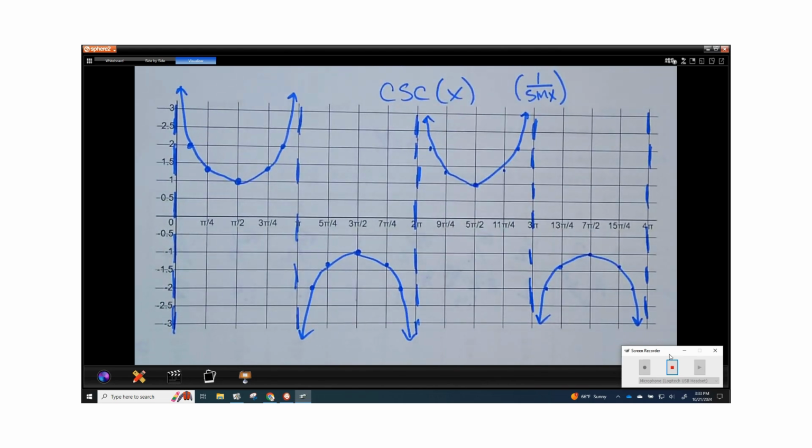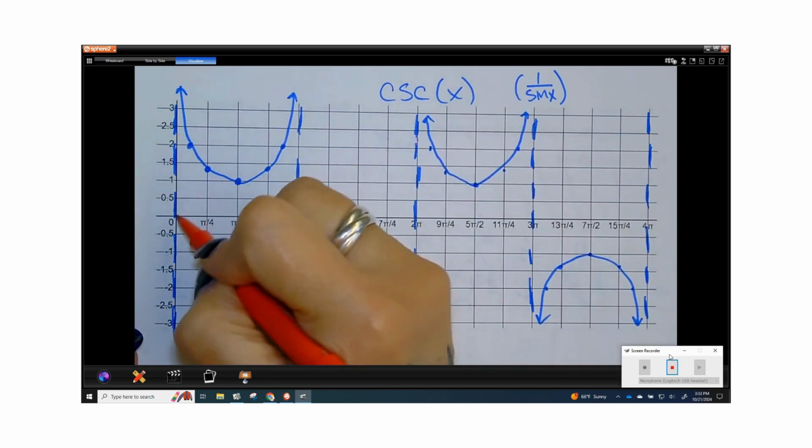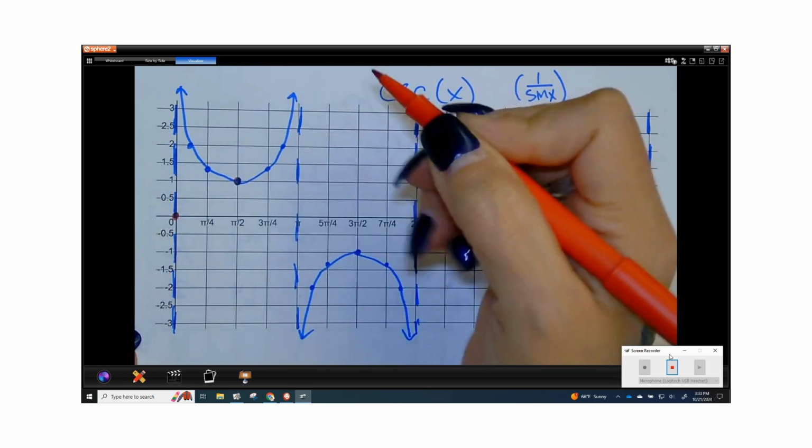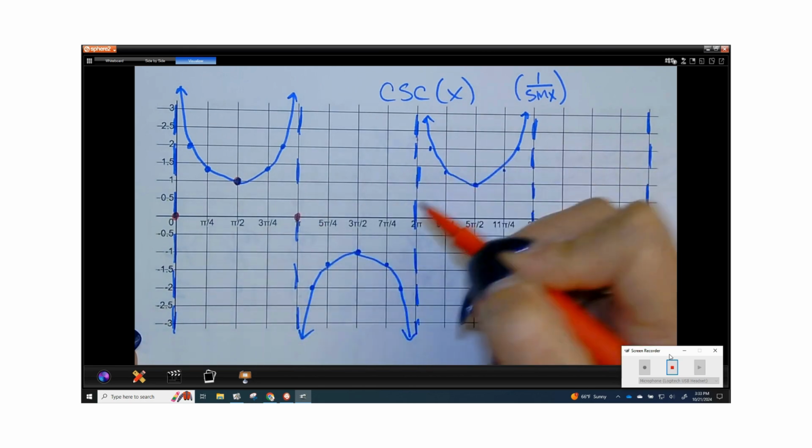I'm going to get another pen and remind you what sine looks like. Let's do bright red. Remember, sine I always say is king. So sine goes through 0, 1, 0, -1, 0.